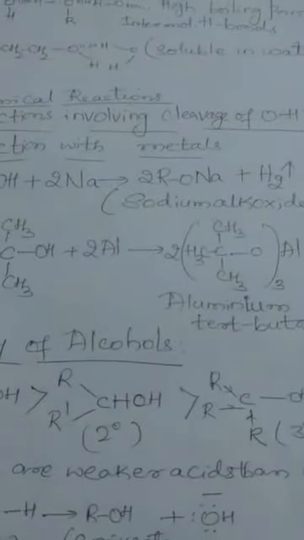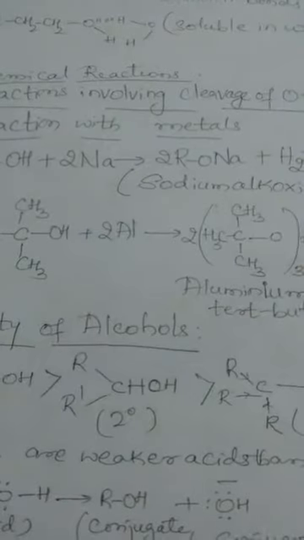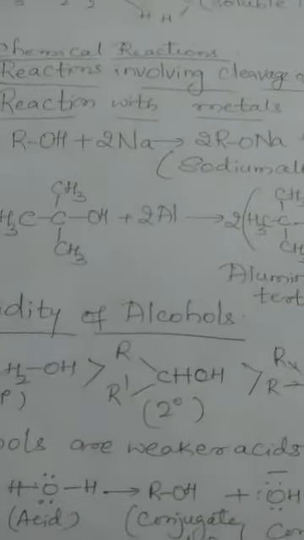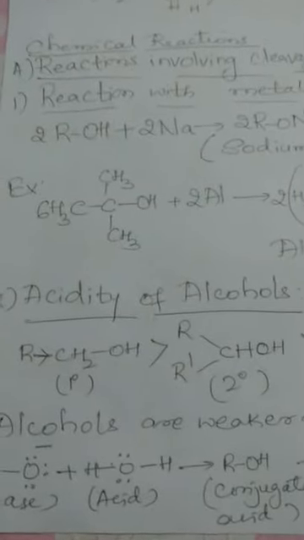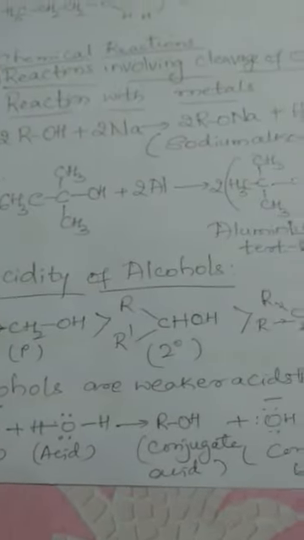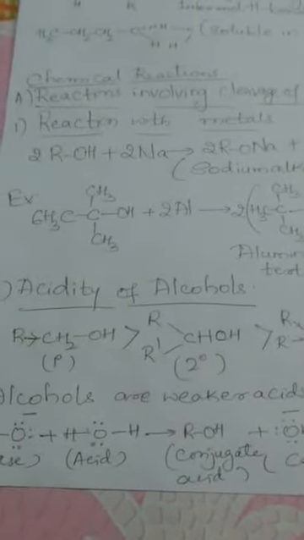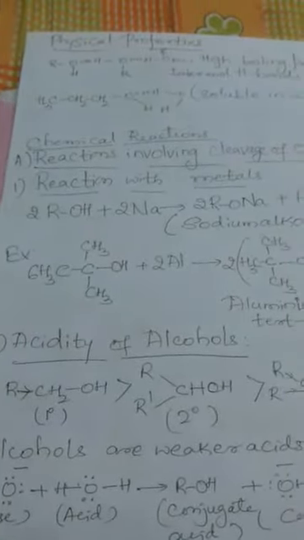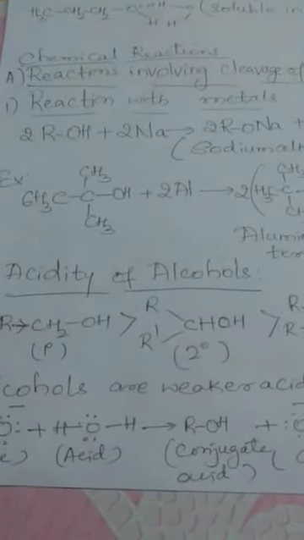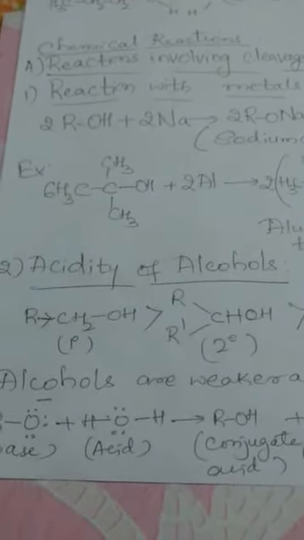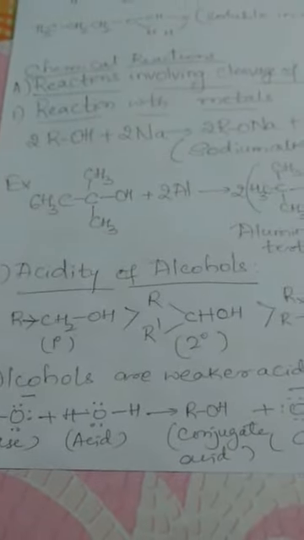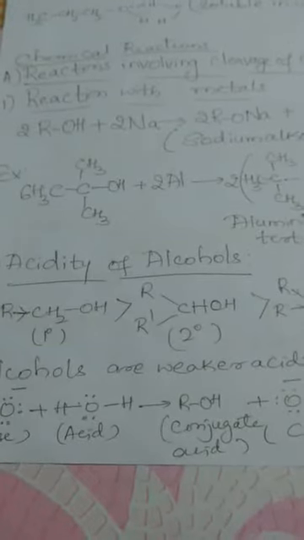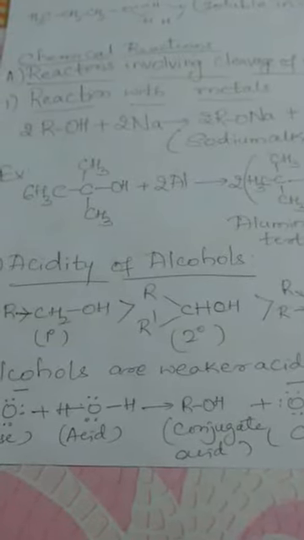So this is the reaction on the basis of which we discuss another characteristic property of alcohols, which is nothing but the acidity of alcohols, the acidic nature of alcohols. Alcohols are acidic in nature because of the polar nature of the OH bond, that is, oxygen being more electronegative than hydrogen. Now the polarity of the OH bond will decrease with an increase in the electron density on oxygen.